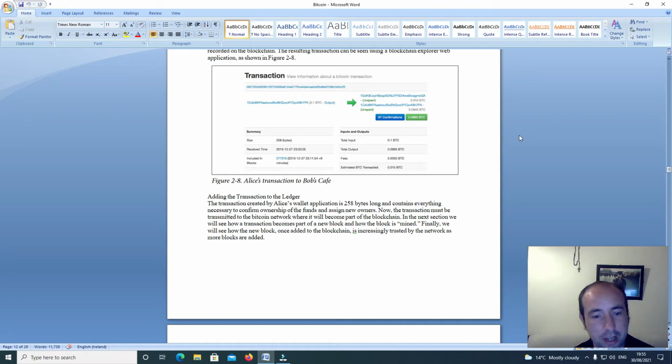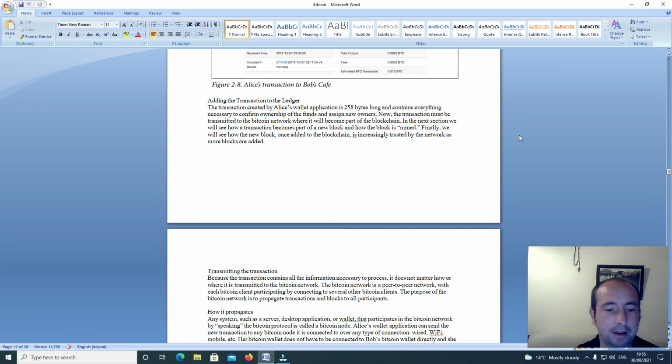Now the transaction must be transmitted to the Bitcoin network, where it will become part of the blockchain. In the next section we will see how a transaction becomes part of a new block and how the block is mined. Finally, we will see how the new block, once added to the blockchain, is increasingly trusted by the network as more blocks are added.